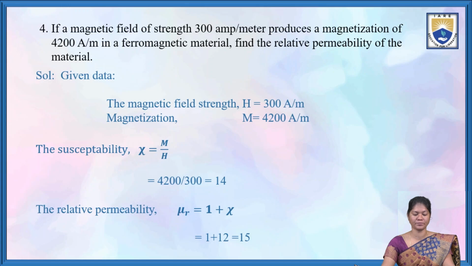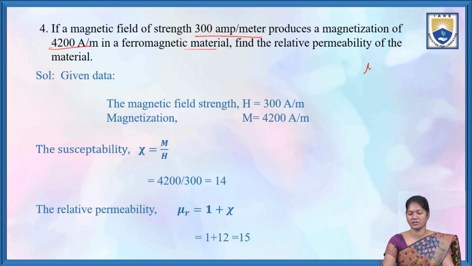Next, fourth problem. If a magnetic field strength 300 ampere per meter produces a magnetization of 4200 ampere per meter in a ferromagnetic material, then find the relative permeability of the material.